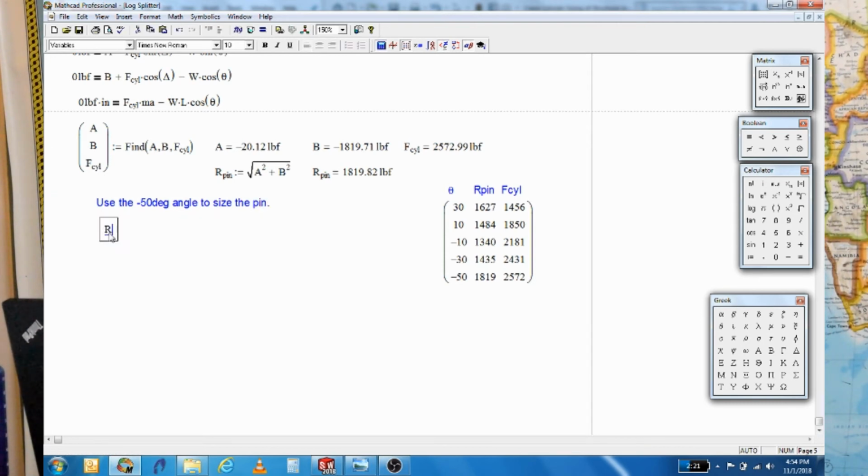Alright, so I'm going to specify now our pin equals 1819 pounds force, and the force of the cylinder is equal to 2572.